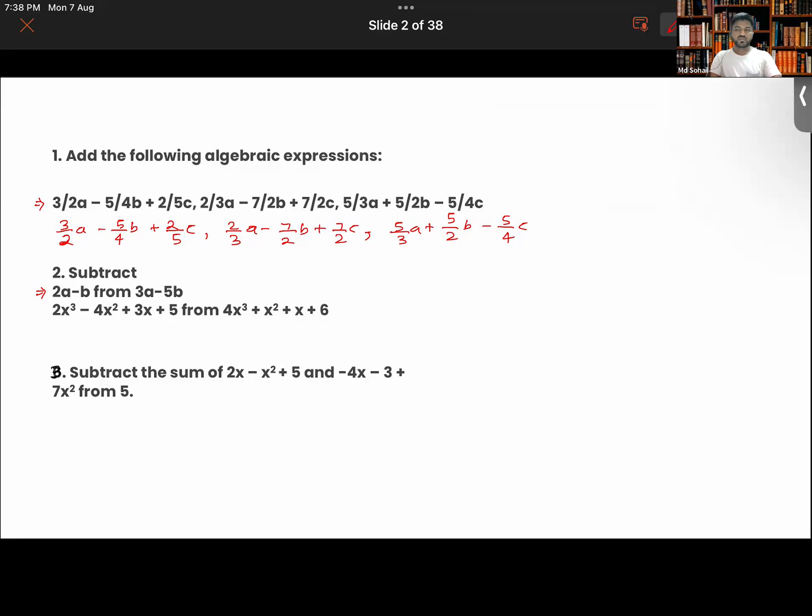So there are three algebraic expressions in question number 1. All right. Just add them.